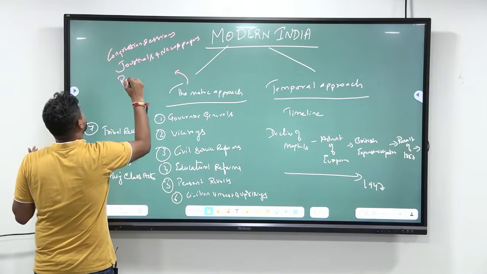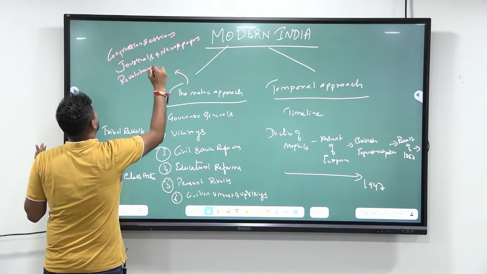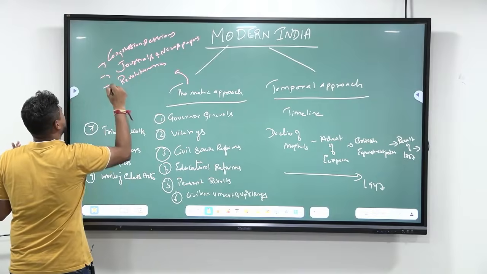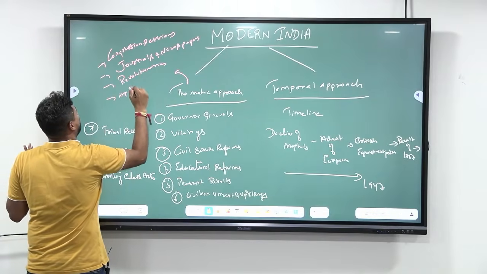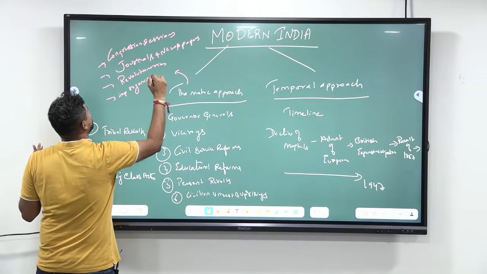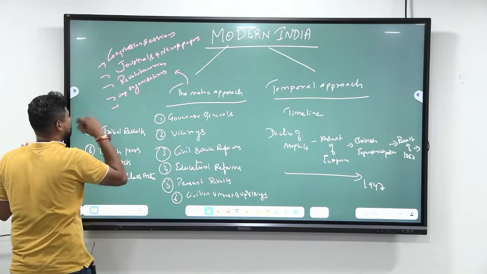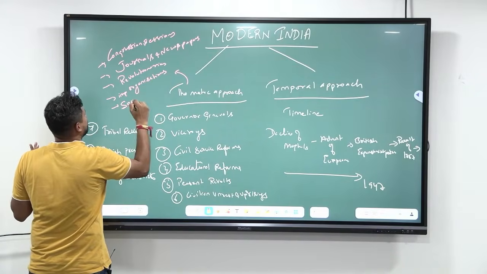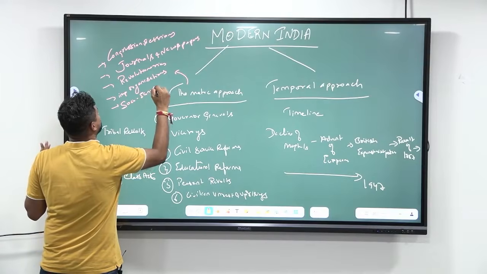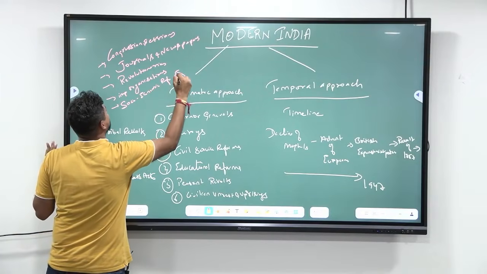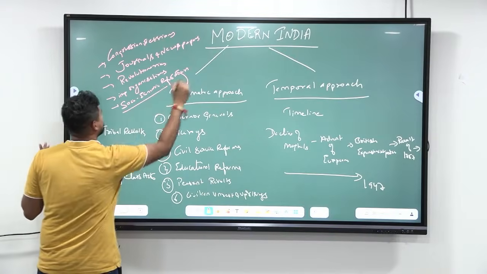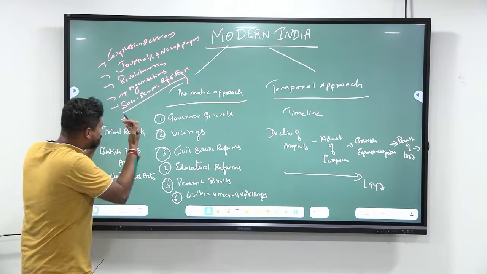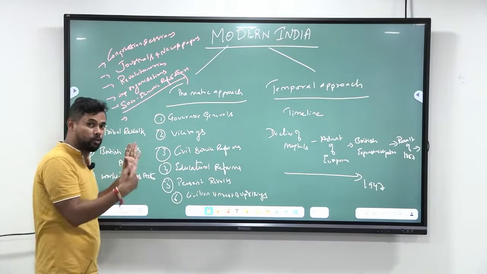Next, revolutionaries. The next is important organizations. The next is socio-economic reformers. Like this, you can keep adding on to the themes and learn about the facts.